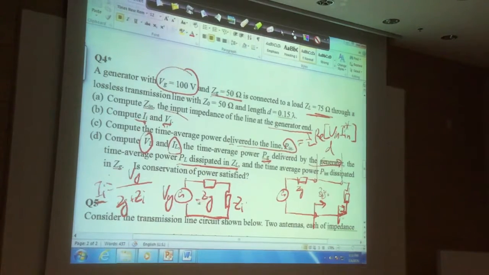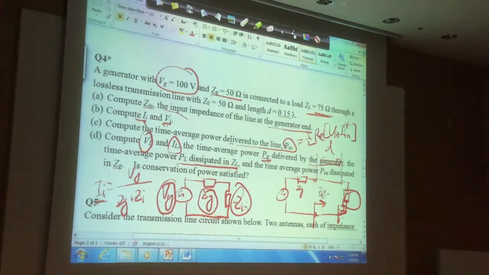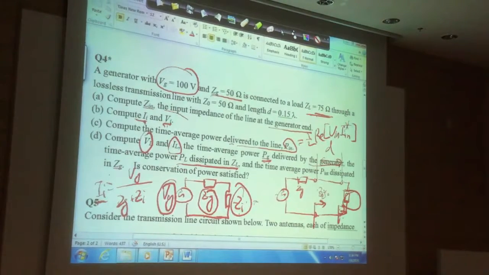Means you calculate the power from this source, right? Absorbed by this, and the power to the load. Power to load is equal to this, right? For lossless, this is equal to input power. Input power is absorbed by the load, right? For lossless, definitely the conservation of power is satisfied.